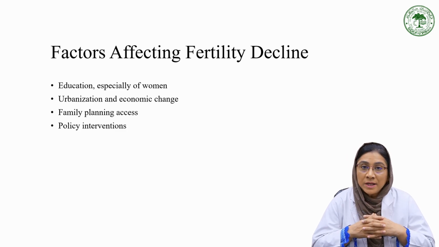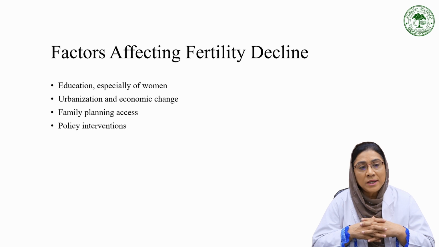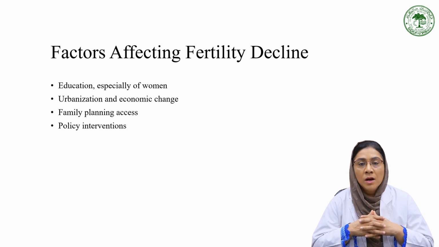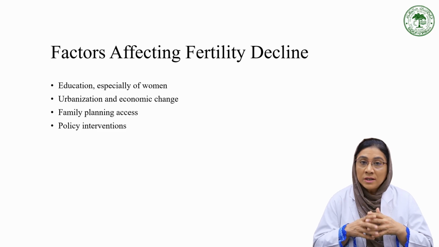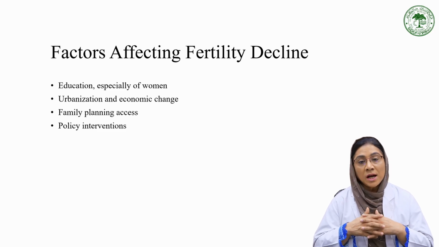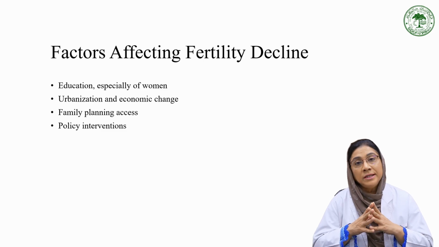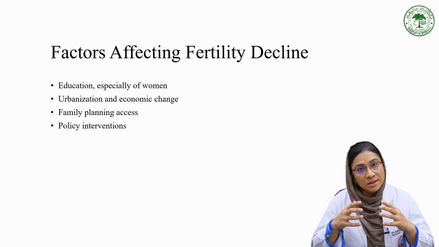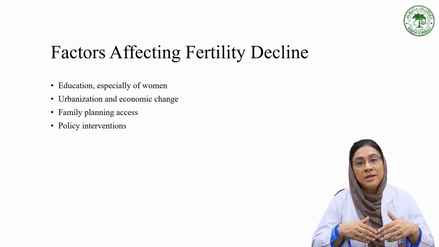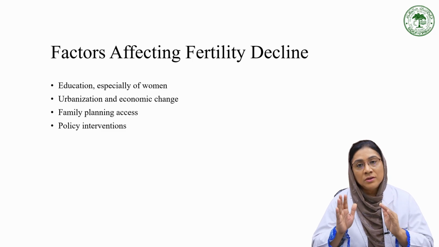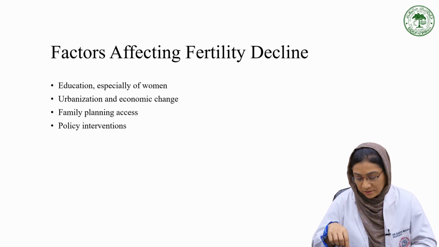Access to family planning services provides practical options for limiting family size. Policy interventions from the early family planning program to the RCH initiative have also accelerated fertility decline. These factors interact, creating uneven progress across regions and communities.